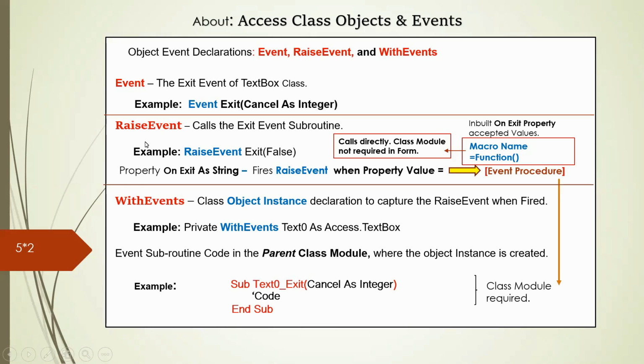And RaiseEvent and WithEvents, of course, are related, and all three are on the same object. It identifies the RaiseEvent action with the keyword WithEvents, and then it is fired. All these three things are related to the object.